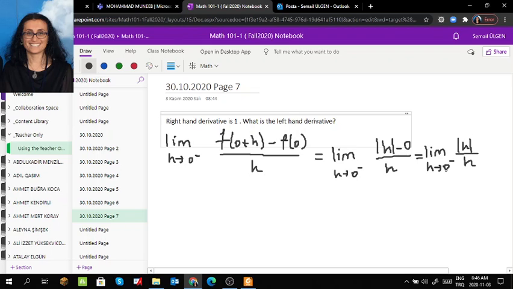Now h takes negative values, it's approaching from the left of 0. Okay, let me actually draw a line like that, you will see.